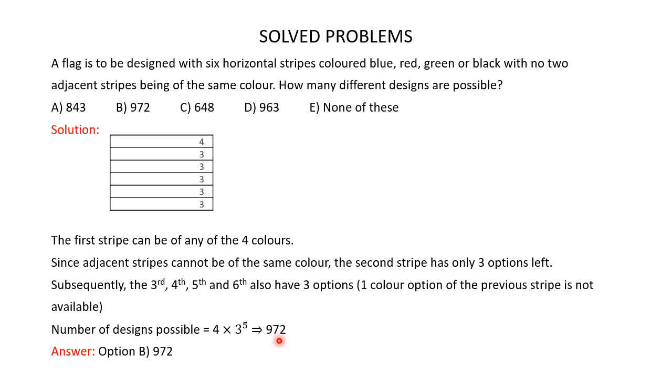So 972 designs are possible using the colors blue, red, green or black with no two adjacent stripes being of the same color. So the correct answer is option B, 972.